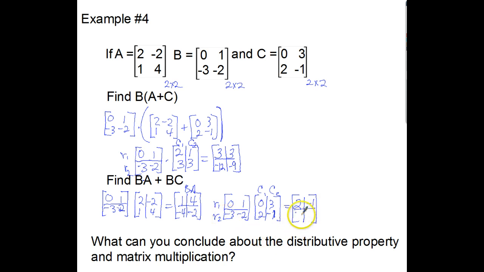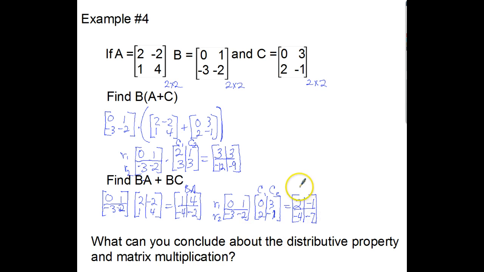Row 2, column 1 of my answer, take row 2 and times it by column 1. Negative 3 times 0 is 0. Negative 2 times 2 is negative 4. 0 and negative 4 is negative 4. Row 2, column 2 is going to be negative 9 and positive 2, so that's negative 7.